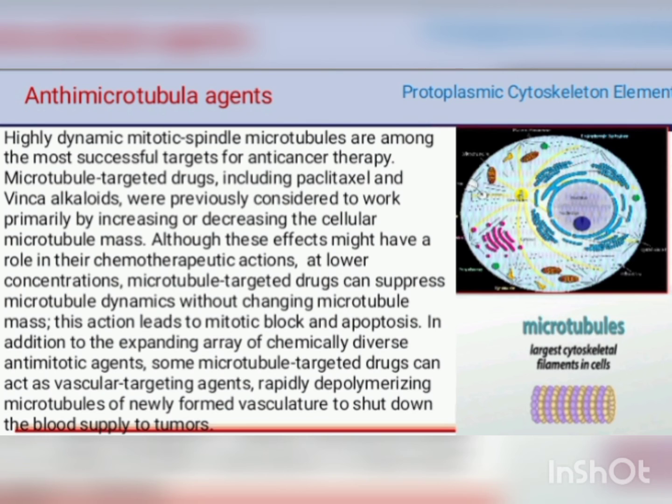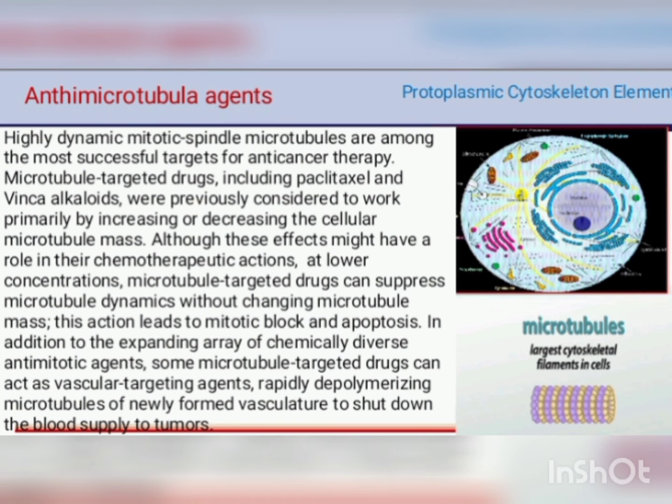Antimicrotubule agents. Highly dynamic mitotic spindle microtubules are among the most successful targets for anti-cancer therapy. Microtubule targeted drugs, including paclitaxel and vinca alkaloids, were previously considered to work by altering microtubule mass. Although these effects might have a role in the chemotherapeutic action at lower concentration, microtubule targeted drugs can suppress microtubule dynamics without changing microtubule mass.